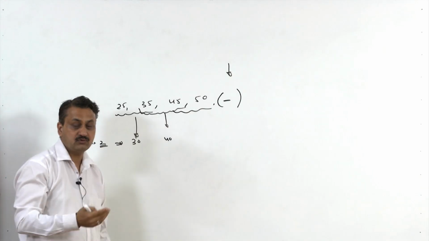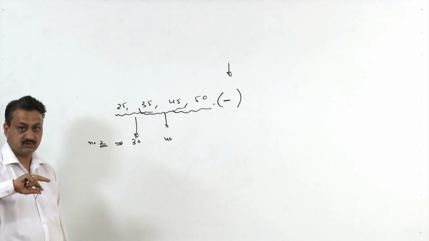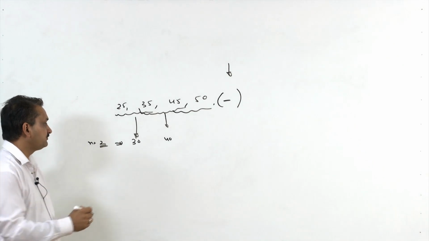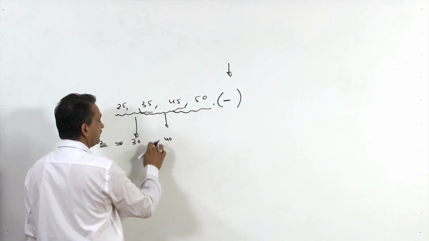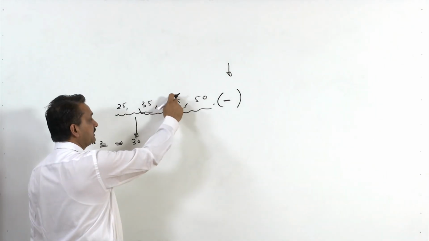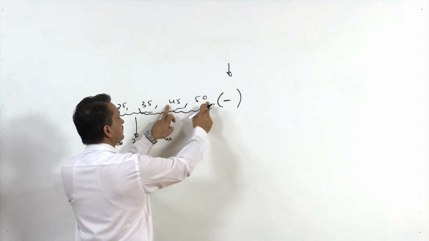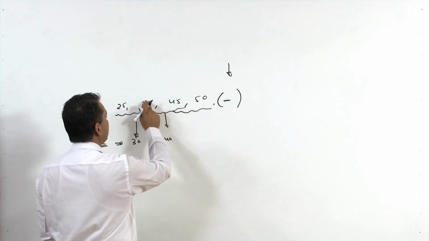So, you exclude the previous point and you include the next point. For example, when we calculated this 40, we excluded this, but we included this point. Similarly, for calculating the moving average of these two, we excluded this and included this.